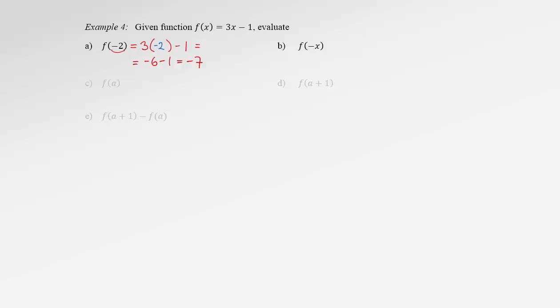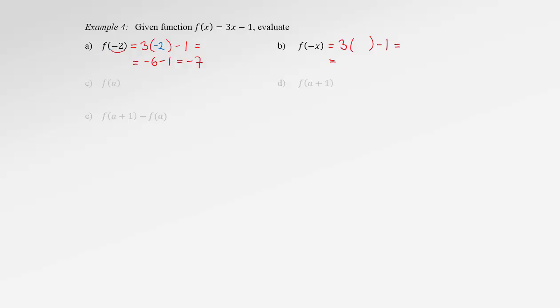Now let's do the same, but using a general input that is called -x. Not x, not a particular value, but -x. Let's follow exactly the same rule. We're going to write the function, and instead of the old input, put a bracket.